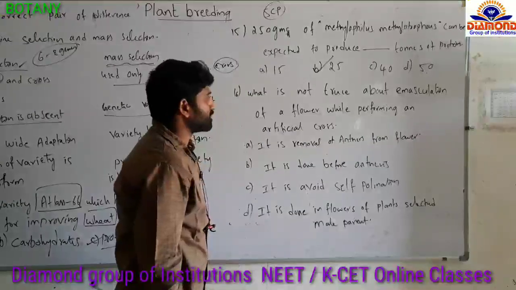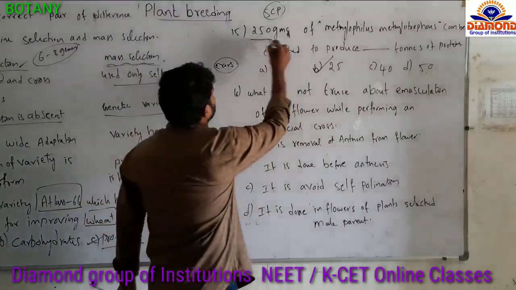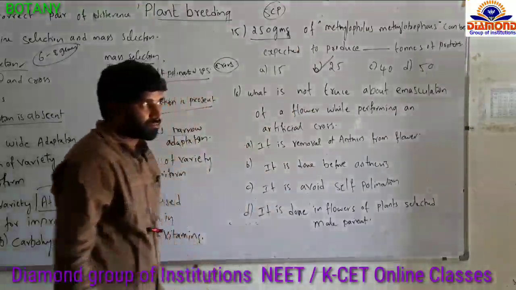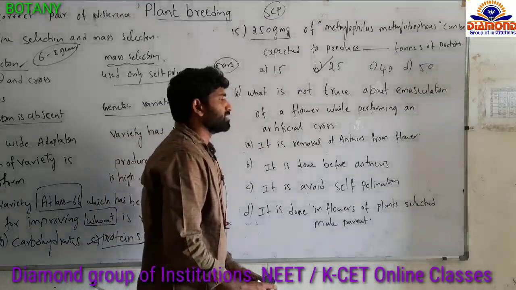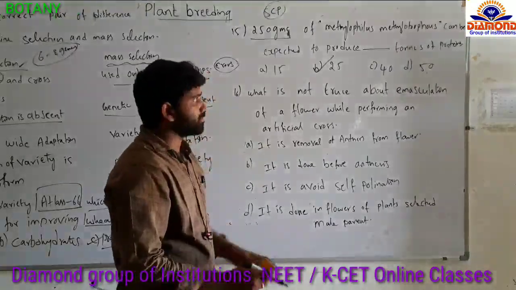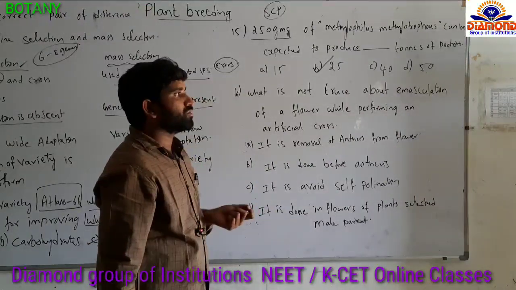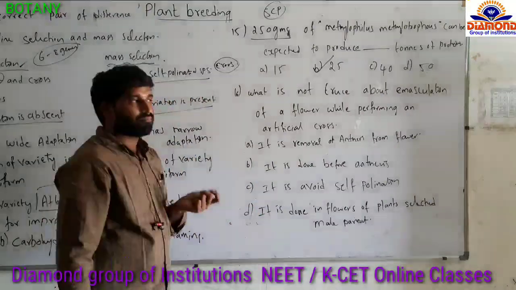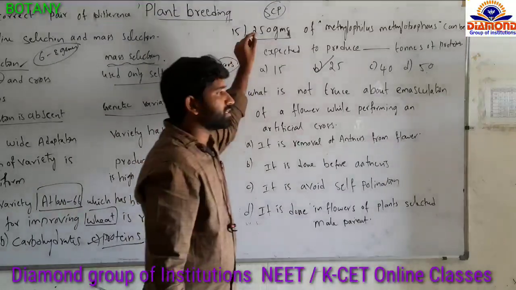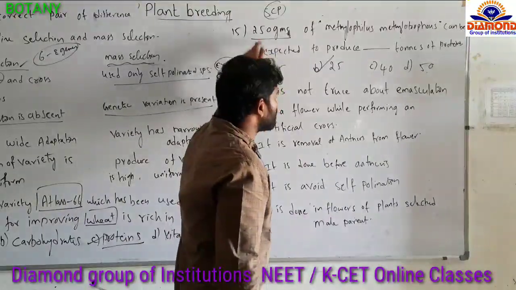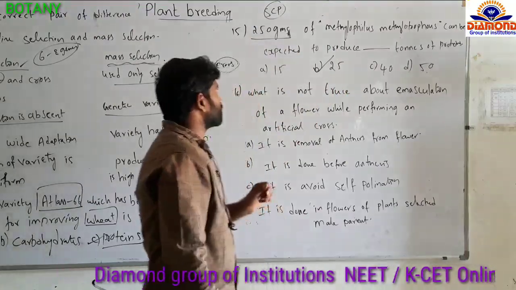It's a direct question only. In your books, a comparison is given: a 200 kg trout produces only 25 grams of protein, but 250 grams of bacteria, a very small quantity, can produce 25 tons of protein. So that's the use of SCP.